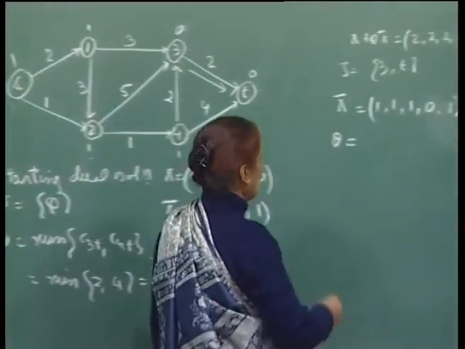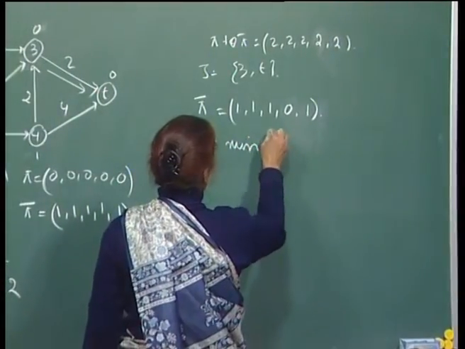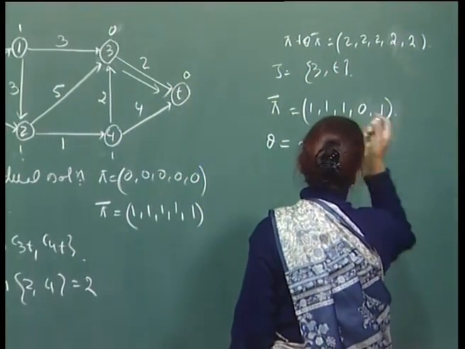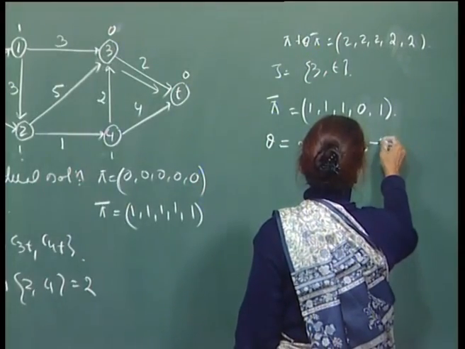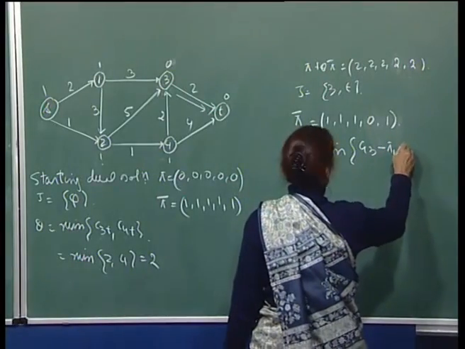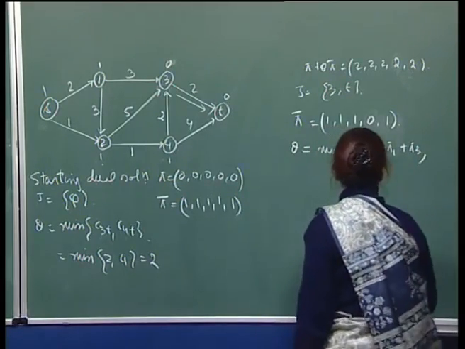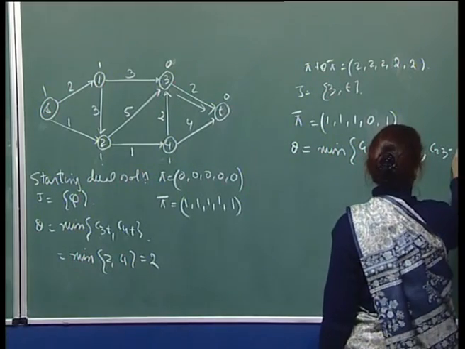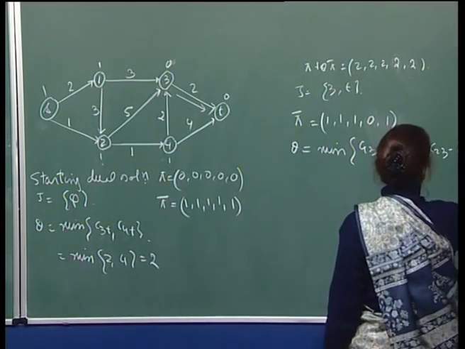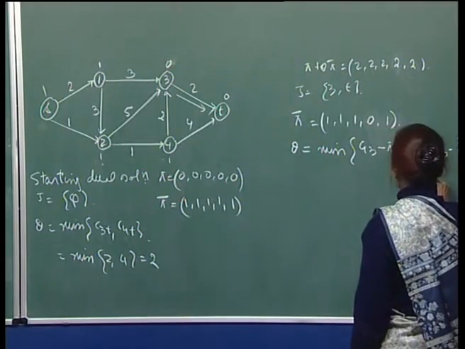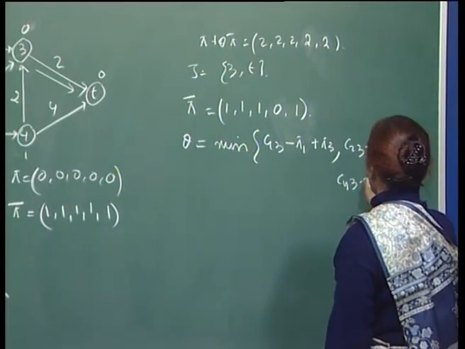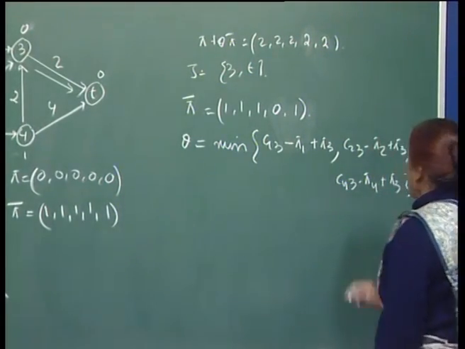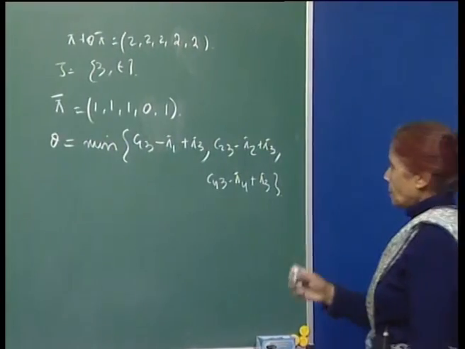So, the theta would be the minimum of, let us write it down quickly: C13 minus pi 1 plus pi 3, this is 1. Then minimum of C23 minus pi 2 plus pi 3, and finally C43 minus pi 4 plus pi 3. This is how we compute.